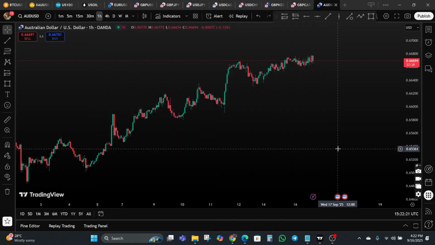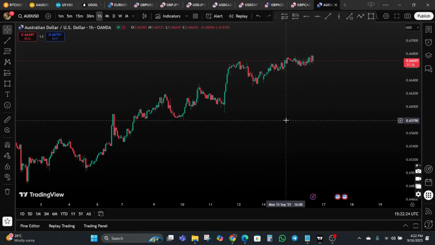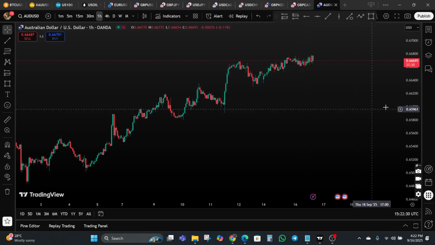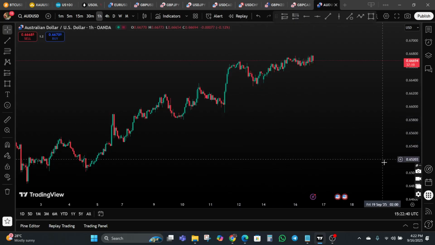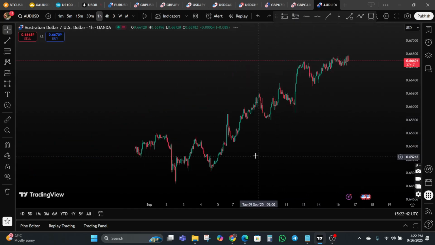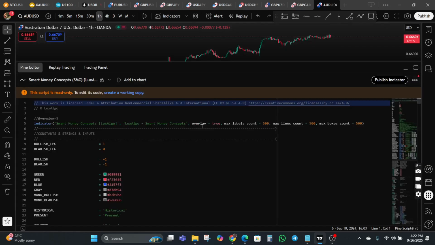So I just want to also show you an example on MetaTrader 5. If you are using TradingView, you can actually try out the Pine editor, all right?